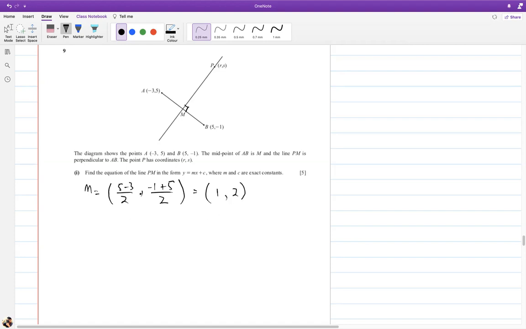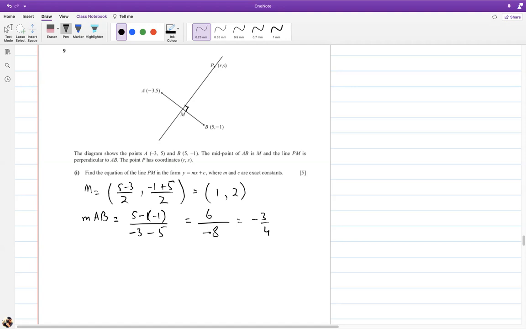So that's my point M. And then I have to figure out the gradient. So what's the gradient of AB? That is going to be 5 minus minus 1 over minus 3 minus 5. So that's going to be 6 over minus 8, which is minus 3 by 4.